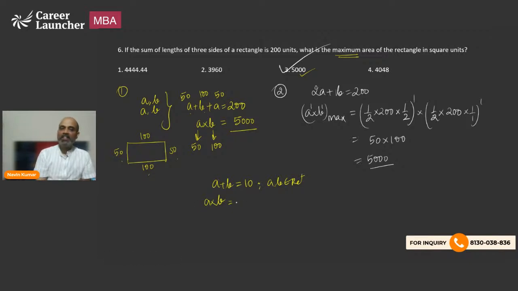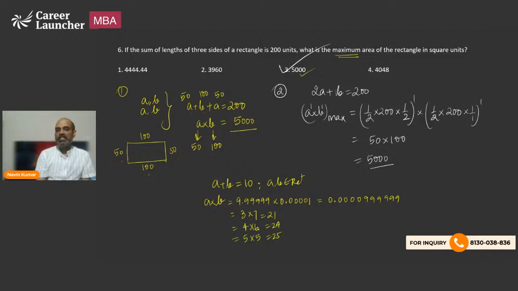So I can take a as 9.9999 and b as 0.00001, such that a plus b is 10. A into b is going to be 0.000099999. It can be that small. I can take a as 3 and b as 7. I can take a as 4 and b as 6. I can take a as 5 and b as 5.